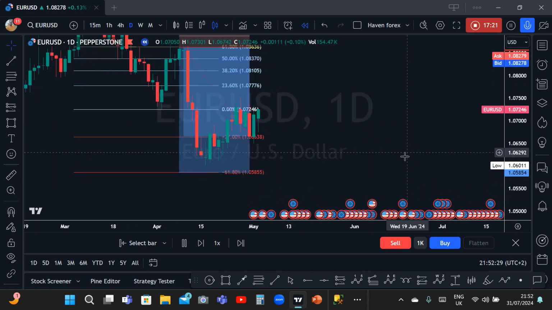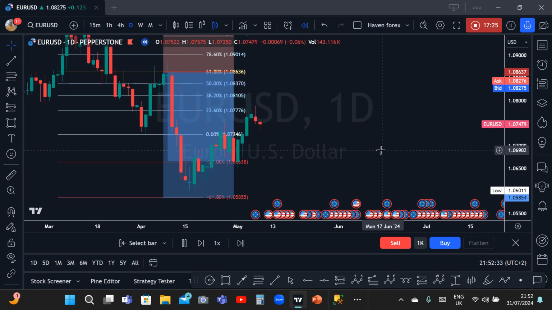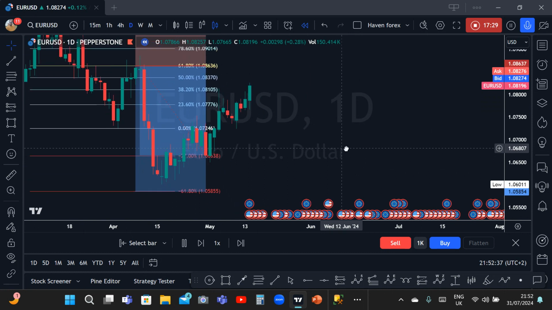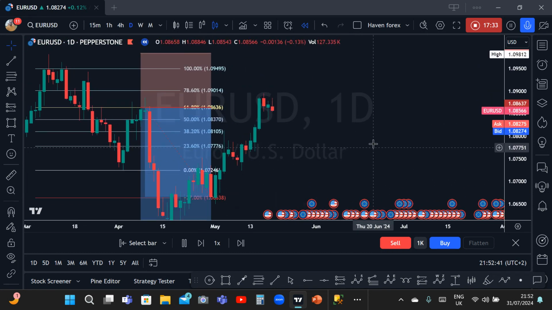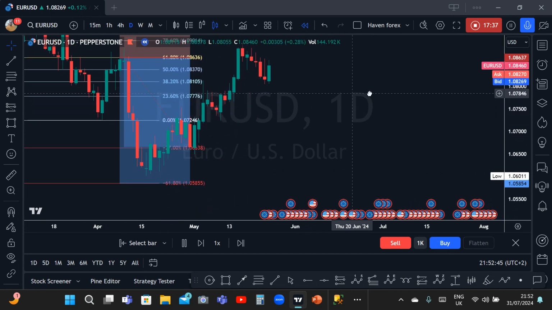Price action cannot just keep going down like that. It will always rigmarole. And so that is just the thing.